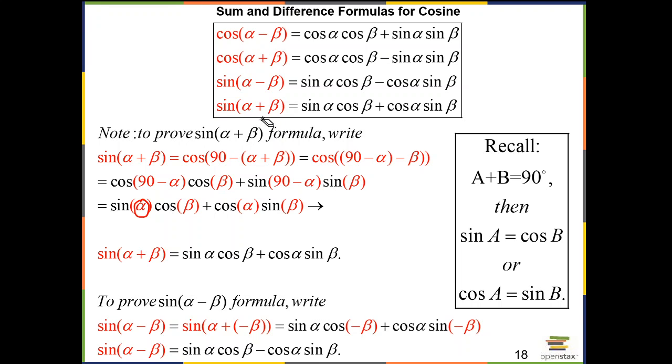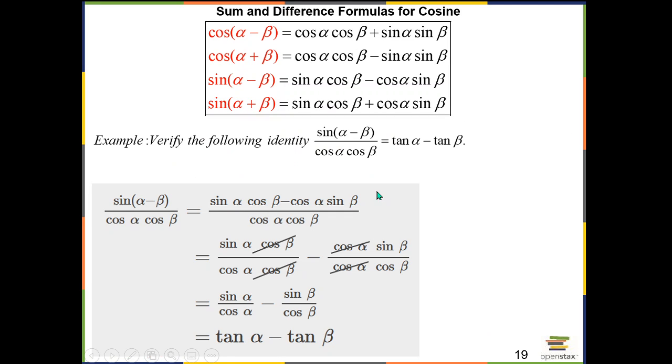This one. And we do that and we find the formula for sine of alpha minus beta, which is sine alpha cosine beta minus cosine alpha sine beta. All right, so these are four formulas for sum and difference of two angles. All right, so that's all there is to it.